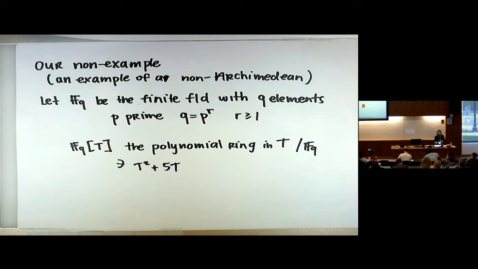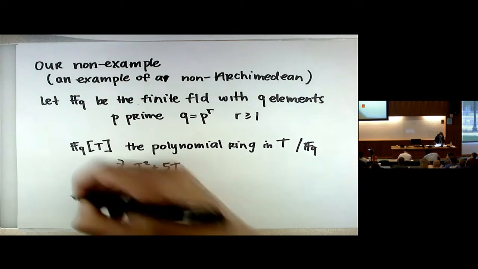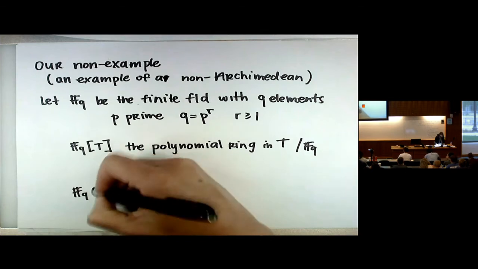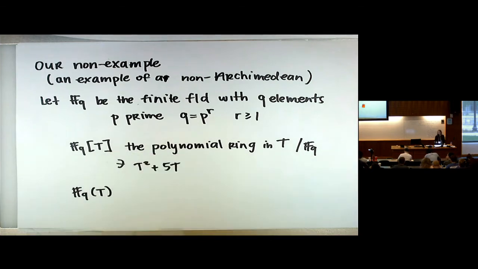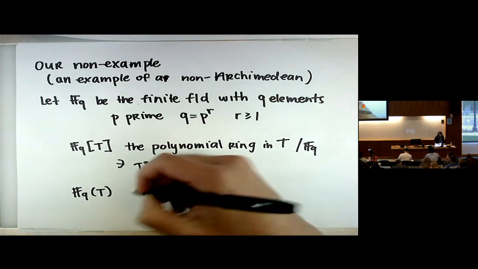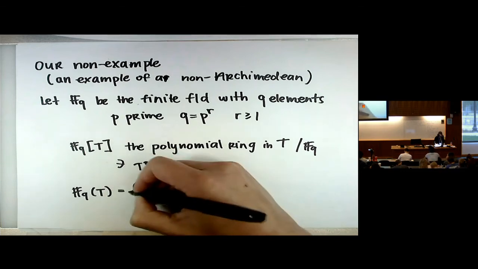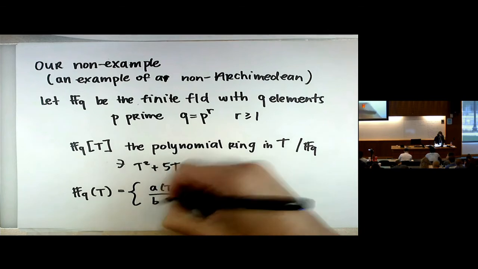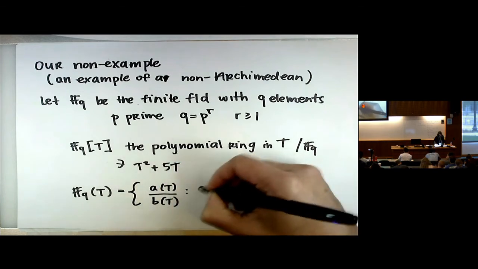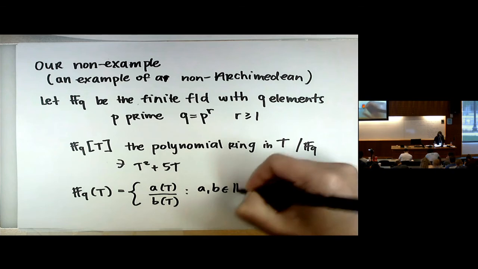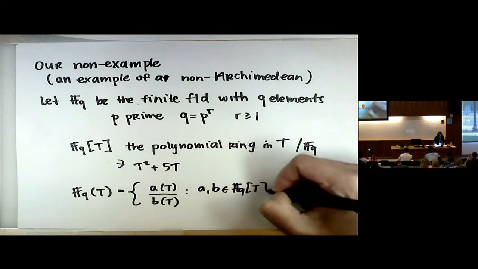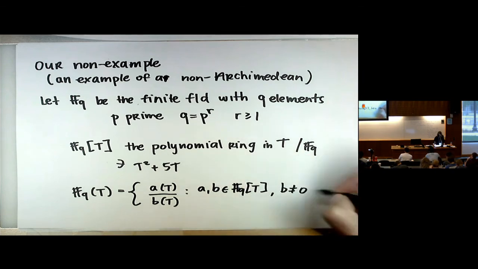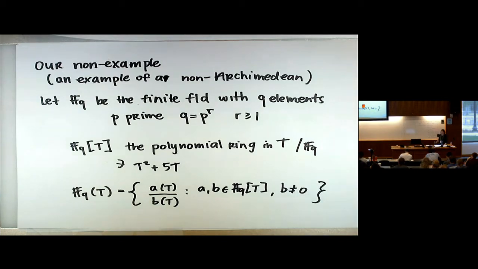So that's not a field, so it's not the field. The field is going to be F_q(t), which is all ratios A(t) divided by B(t), where A and B are polynomials. And of course, B is non-zero. Okay, weird stuff's going to happen, but we're not going to divide by 0. Okay, so that's our field.